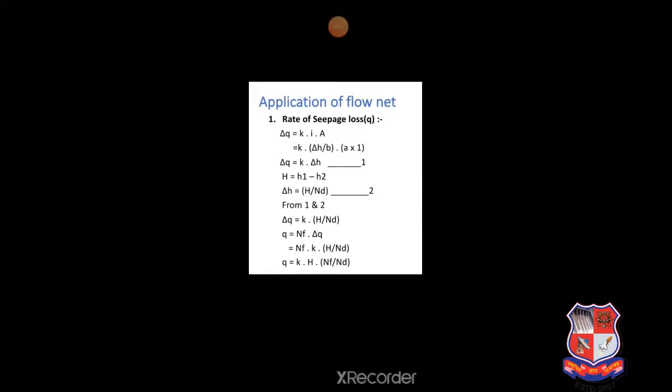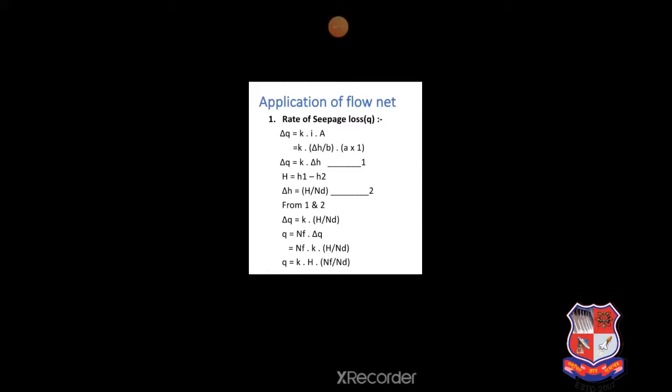Delta Q is equal to K into delta H upon B, into A into 1, where A is width of field, B is length of field, and the field thickness is 1 unit.